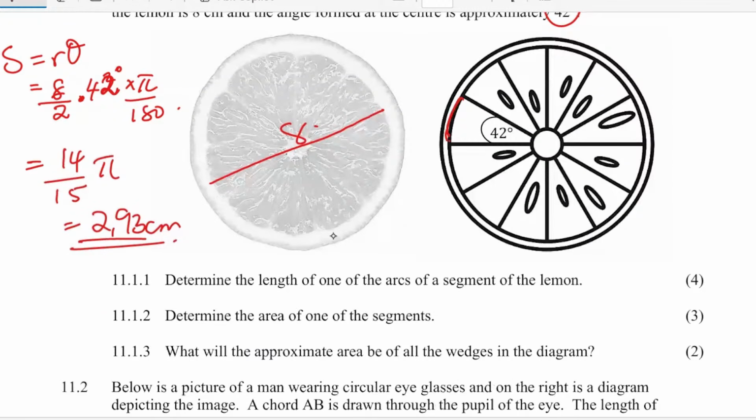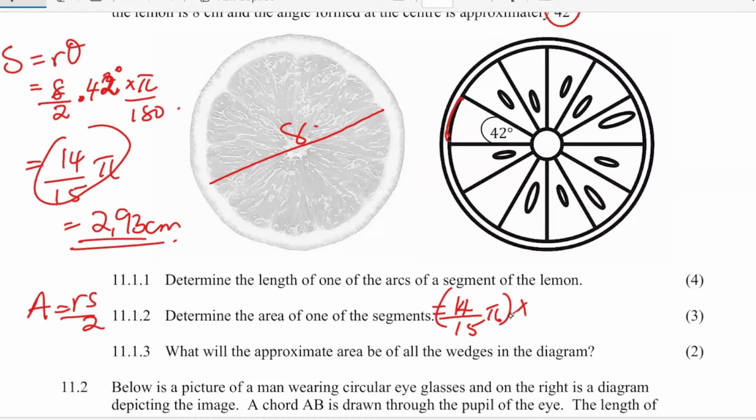And then determine the area of one segment. So area is given as RS divided by 2. Okay. If we do our substitution, remember we got this, so you can just replace it and say that it is 14/15 pi.